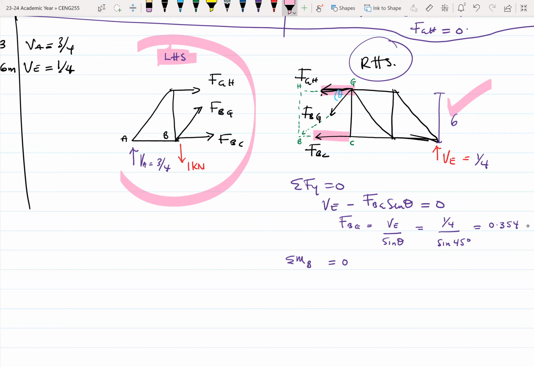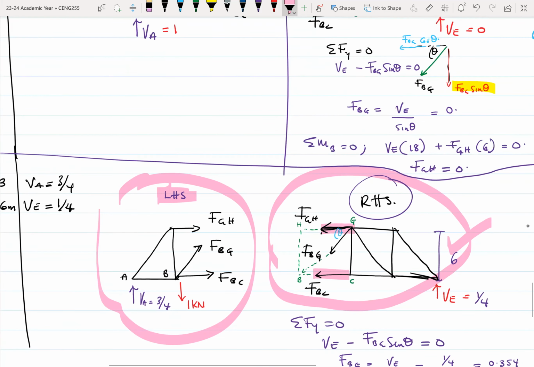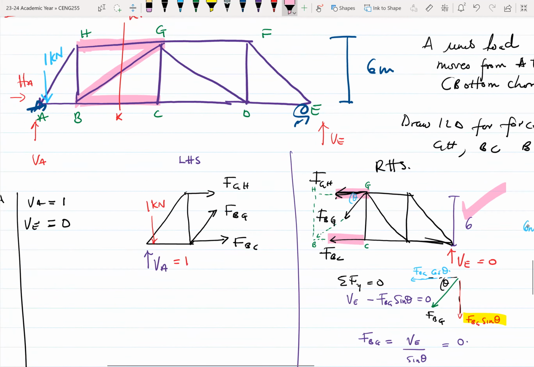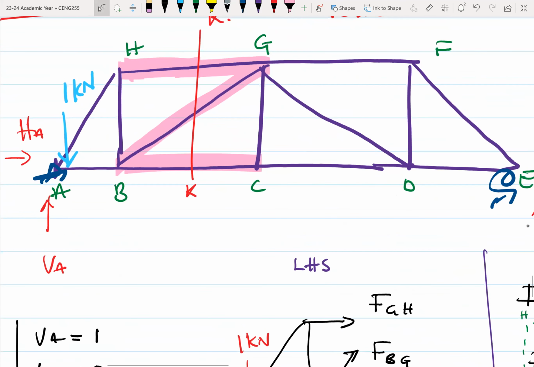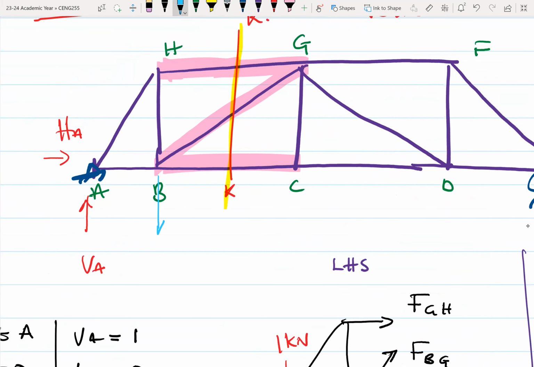This whole thing is the left hand side, and then we have the right hand side. You can use one of them to determine the forces in the truss. Since we cut the truss somewhere in between, as you can see here, it means that our load has now moved from A and is now here. So our load is now here.